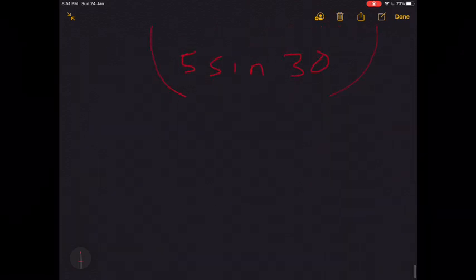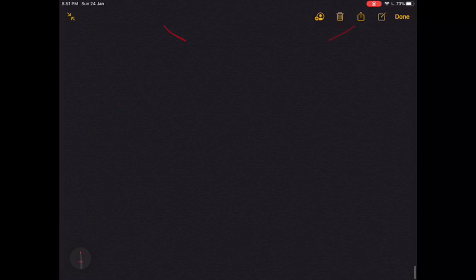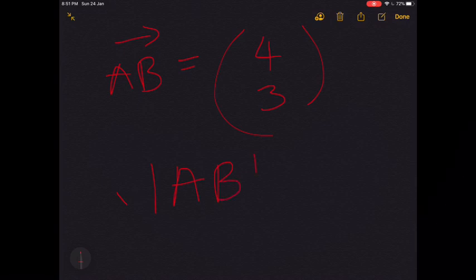How to find the magnitude of a vector? The magnitude of a vector is the length of the vector AB. Assuming the vector is given by the components 4 and 3. Magnitude is written in this form with these bars standing for magnitude.